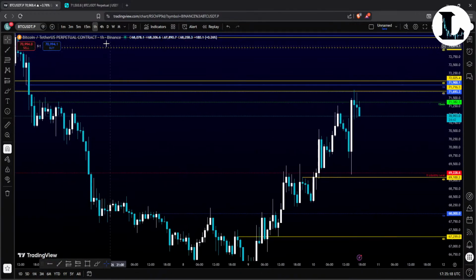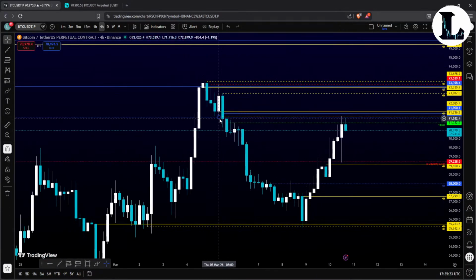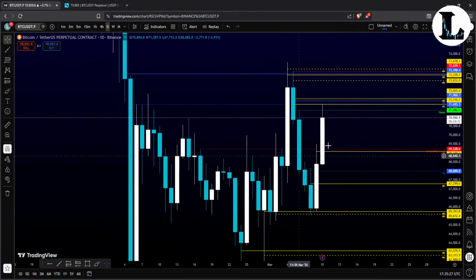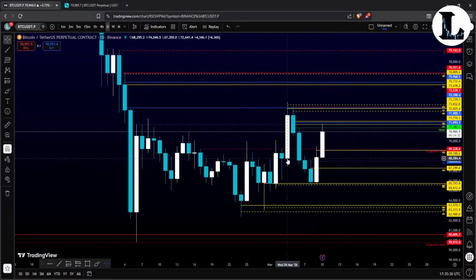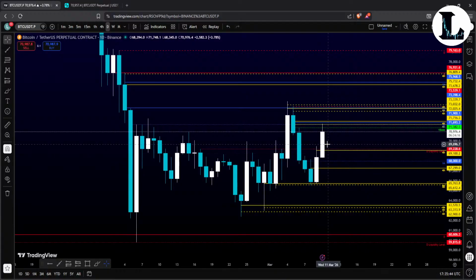3.7% up, and we are now rejecting the strongest candle on the 4-hour inside the daily. At the moment, this was a strong daily resistance, and we might have a strong support here, but we don't have it yet because we still need 6 hours to close the day. And even if this becomes a strong support, we kind of created this big resistance first.